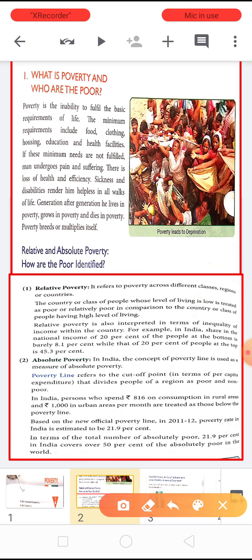Children, as you all know, in the previous chapter we have studied the economic policies pursued by India after independence, which is known as the new economic policies, and with relation to the various development indicators. Providing the minimum basic needs to the people and reduction of poverty has been the major aim of independent India.